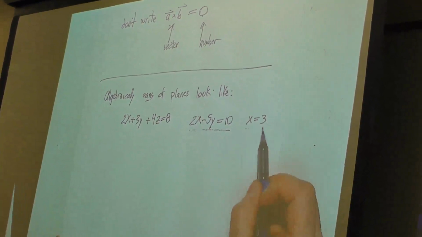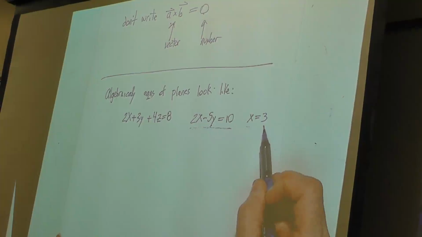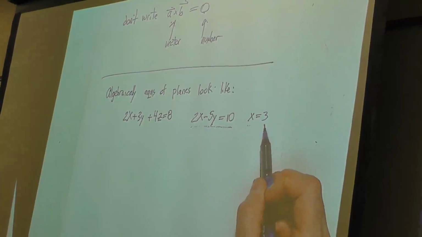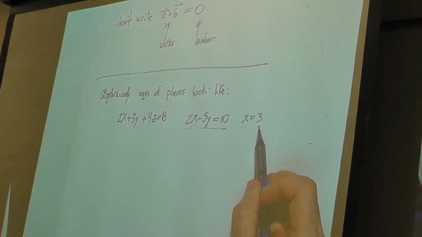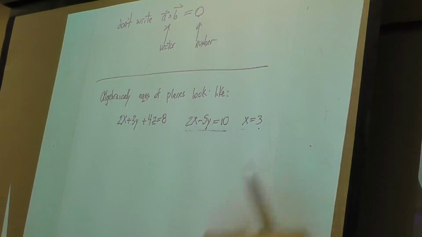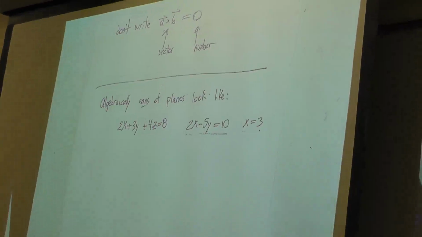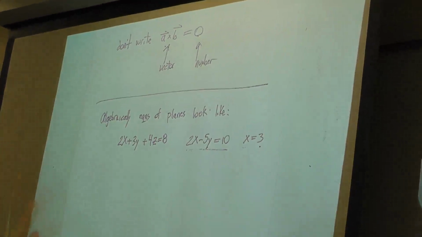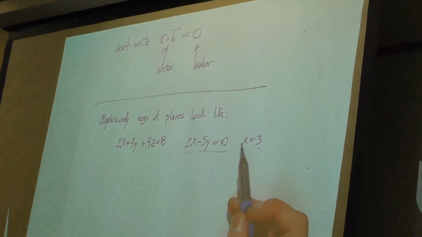And again, I can't tell you if that's referring to a number on the number line, the equation of a vertical line, or the equation of a plane. But by context, if I tell you it's the equation of a plane, we're working in 3 dimensions, it's clear.